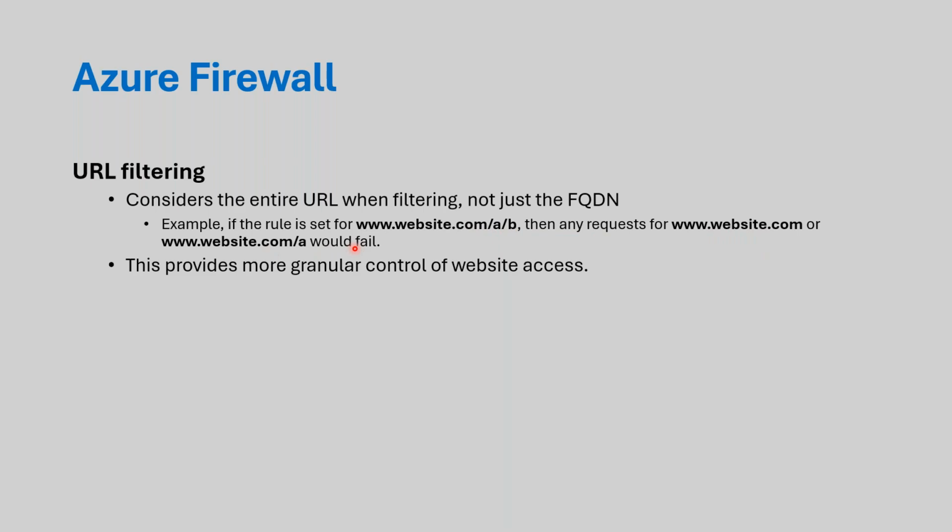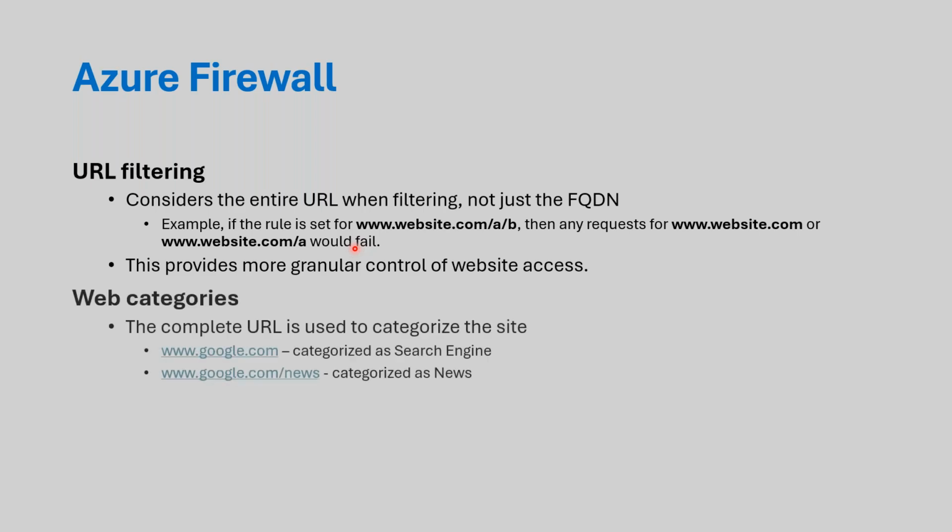So now I can control what access I'm allowing. I'm not allowing access to a whole site; I'm allowing access to a portion of a site. So my users are getting to where they need to go for business and not getting sidetracked into other locations and other data. So this is going to give you a little bit more control over website access.